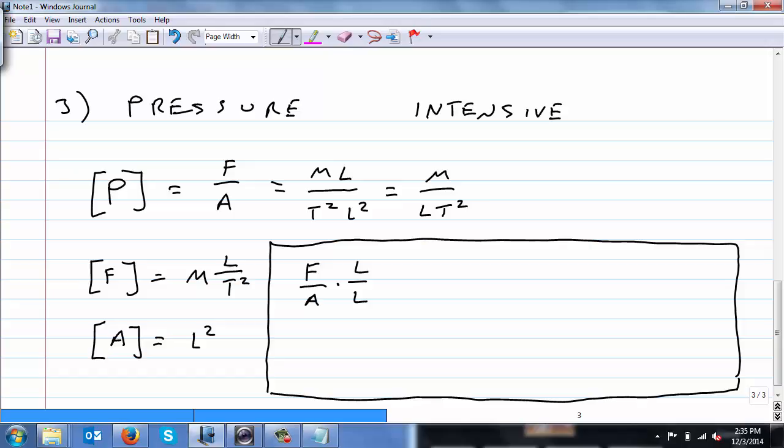Let's do it this way. Force times length is basically already on the page. If I take a mass right here and lift it up to right here, I know that the mass has a weight that's sitting in gravity.